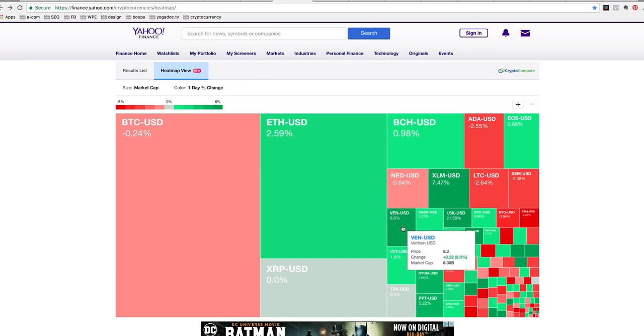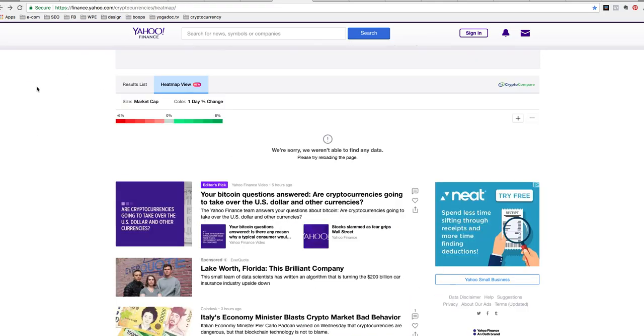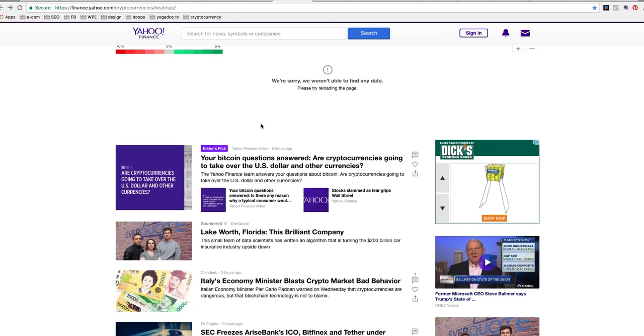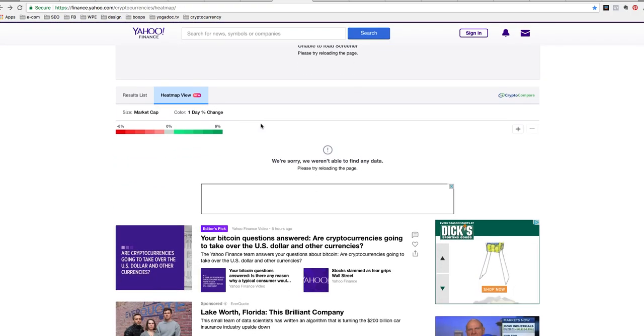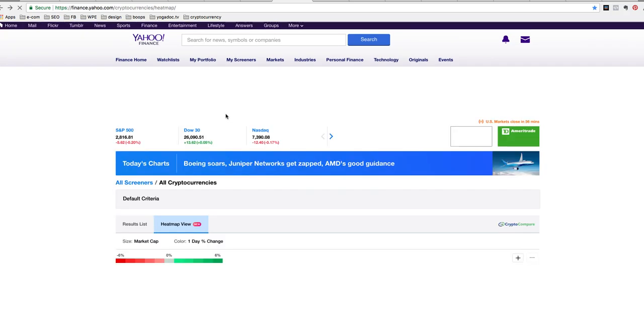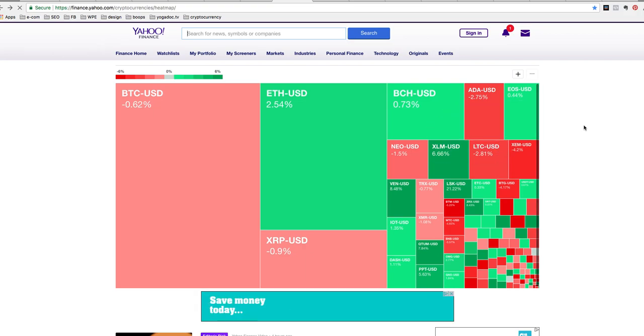Now, one way to use this Yahoo heat map that I like to do is to look at the sector that I'm looking at. So here we've got Bitcoin, obviously Bitcoin Cash. Let's get the heat map back. And Bitcoin Cash, and then Dash, and Litecoin.